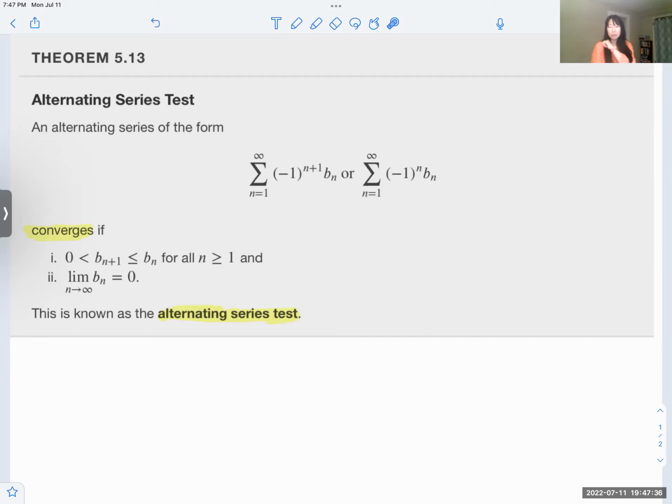Yeah, if the two conditions do not hold in this case, then we cannot apply the alternating series test here. Okay, cool. Thanks.